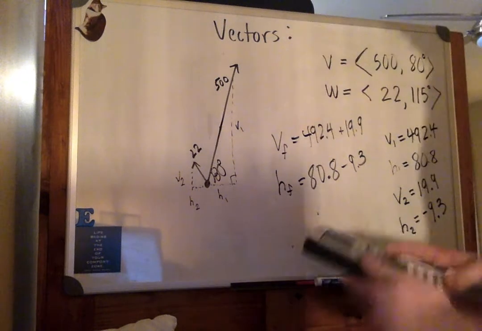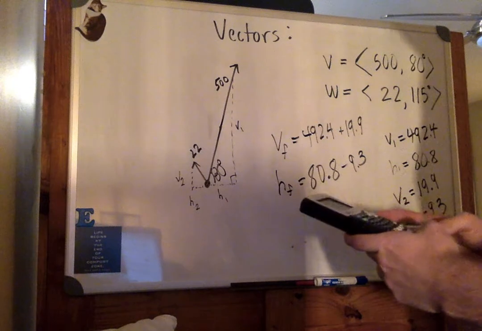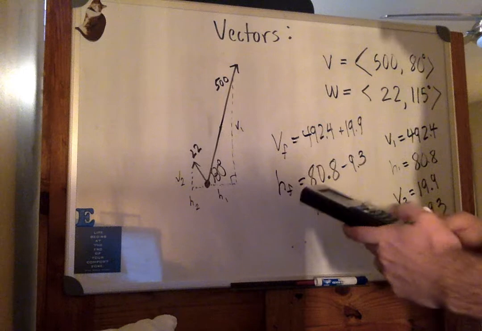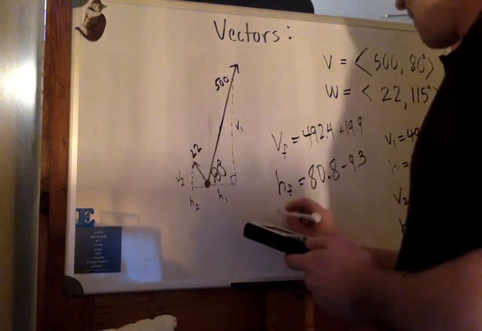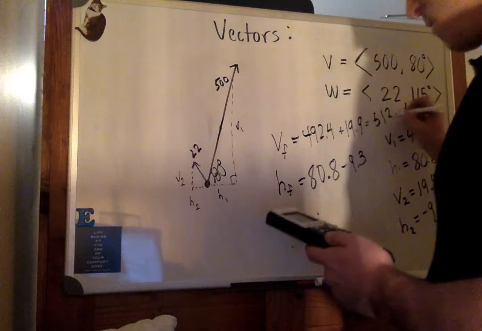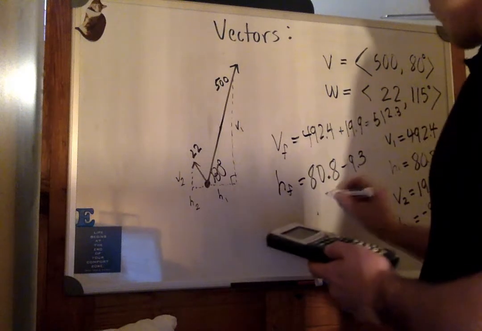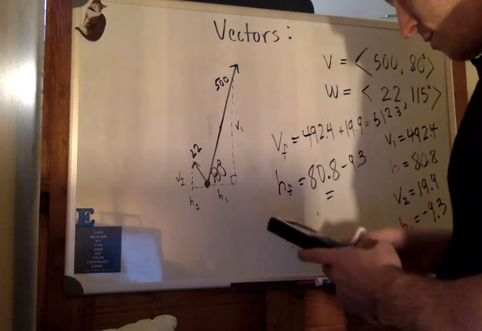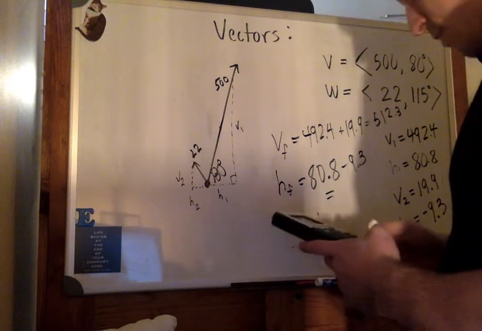So, doing this addition, 492.4 plus 19.9 gives me 512.3, and the horizontal, I get 80.8 minus 9.3.